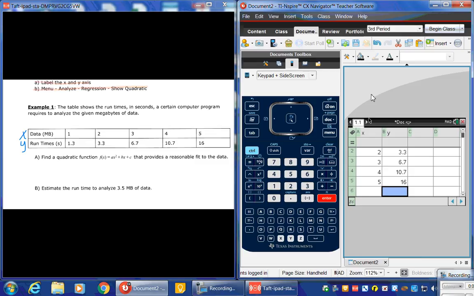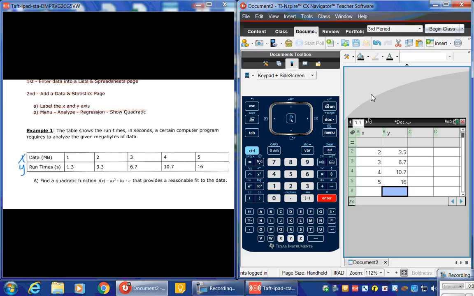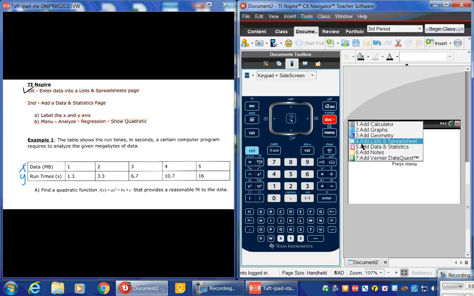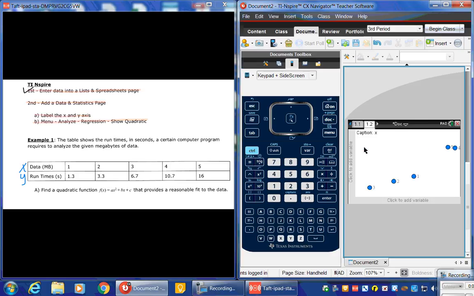So here at the top it says our next set of directions, so we just did the list and spreadsheets page. So let's add a data and stats page. You do that by Control Doc, you'll add a page, and add a data and stats page.